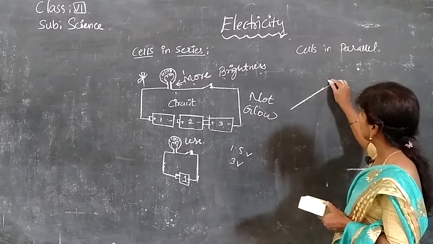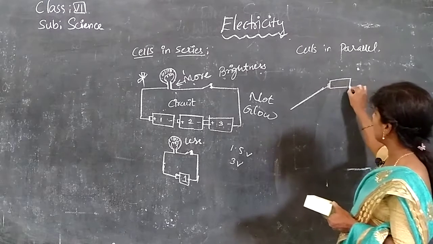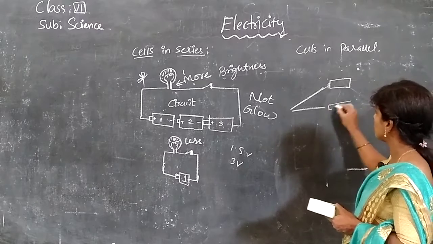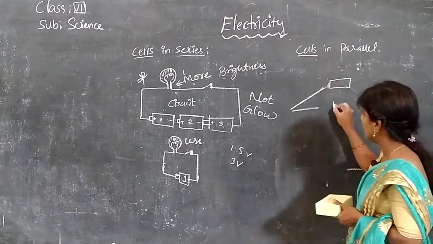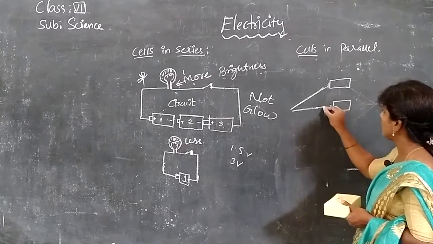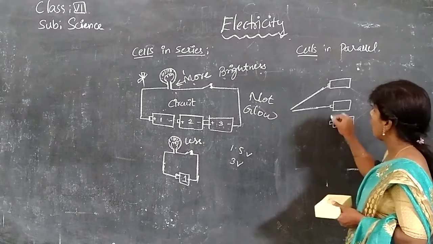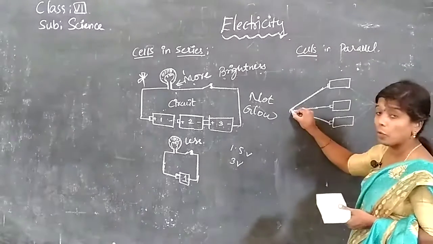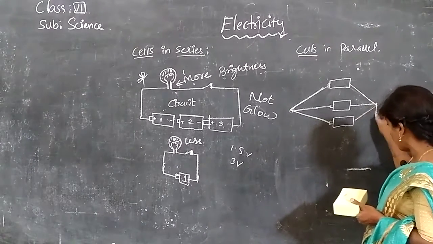Here cells, this one, this is about cell. So here this is a cell, one more cell. All the positive terminals I am connecting to one point. Again, all these negative terminals to one point.